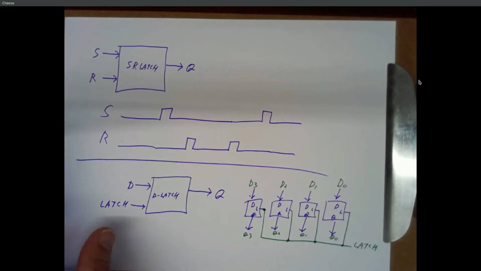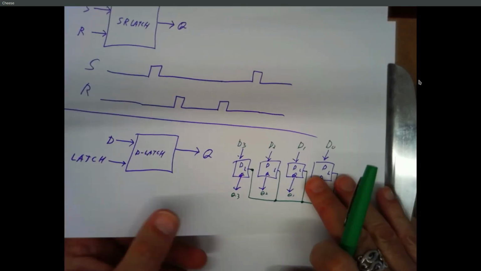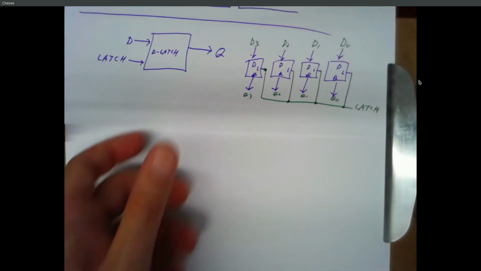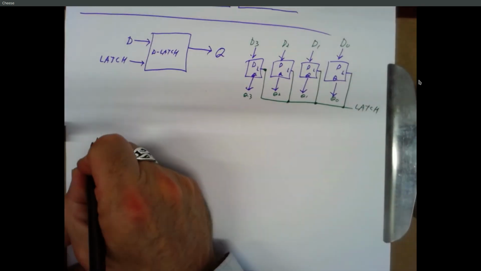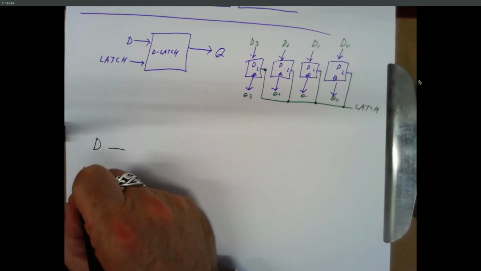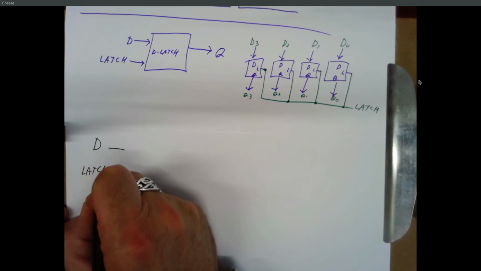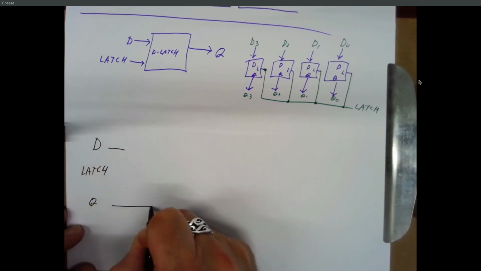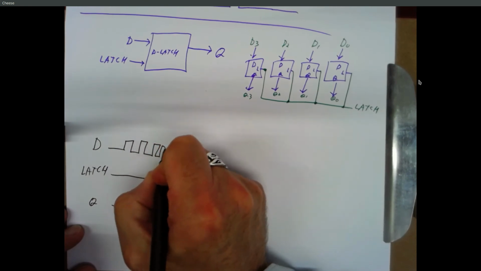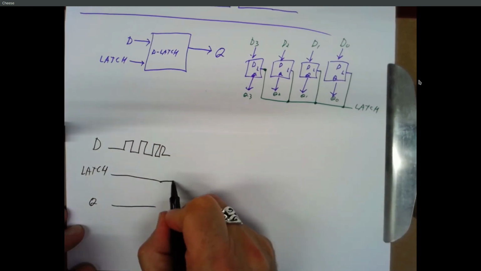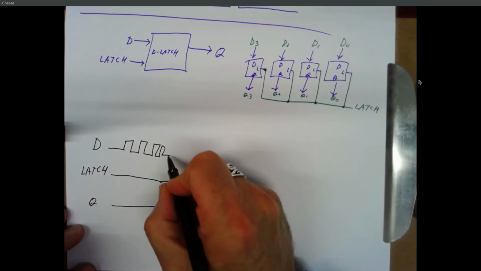So that's worth a timing diagram. So here's D, here's latch, and here's Q. Let's suppose Q starts off low. So D's doing all kinds of crazy stuff. It gets totally ignored. If latch is low, Q is stable.